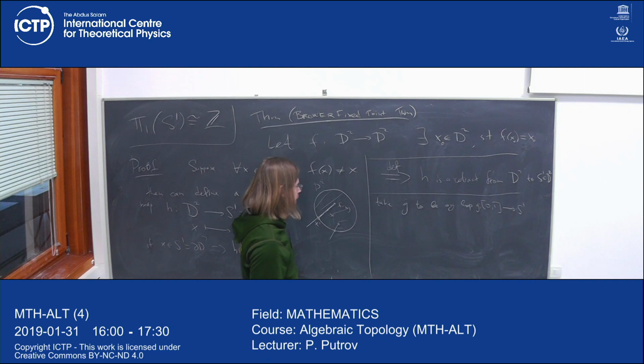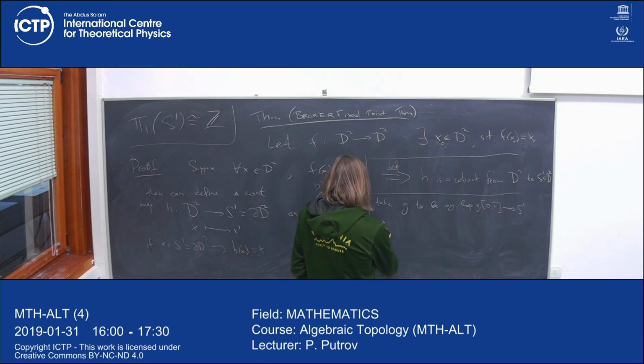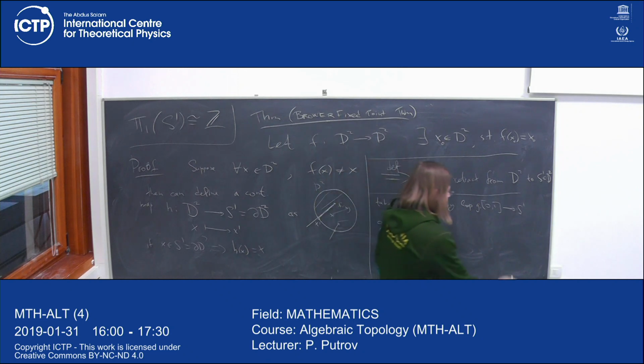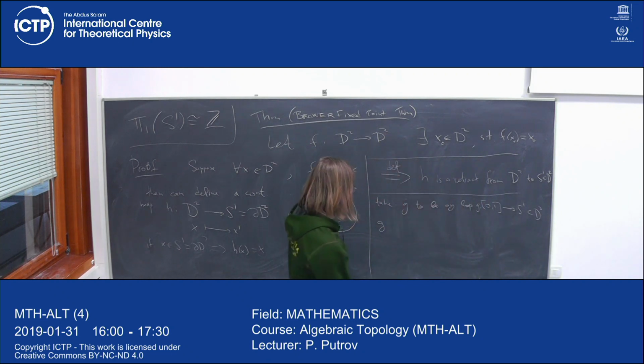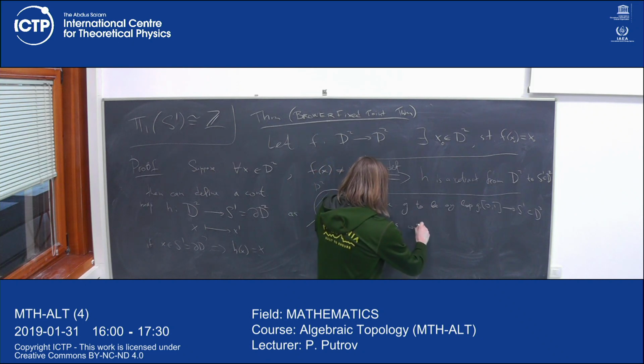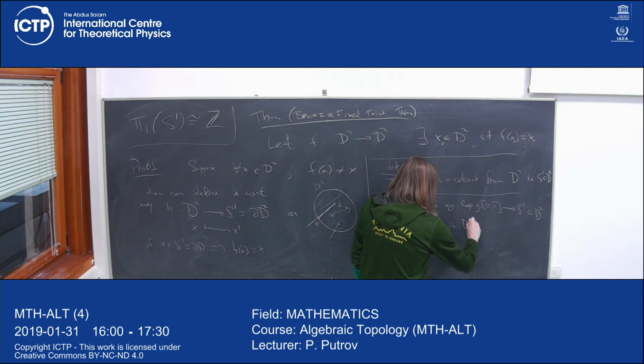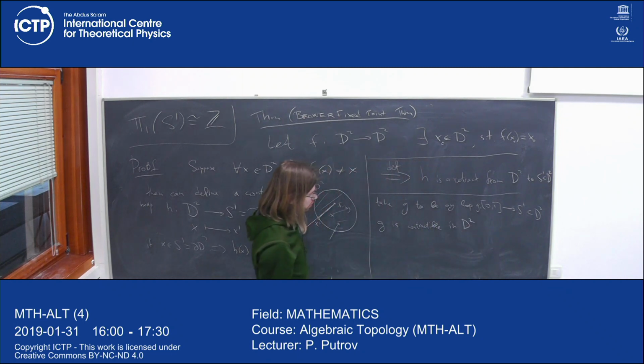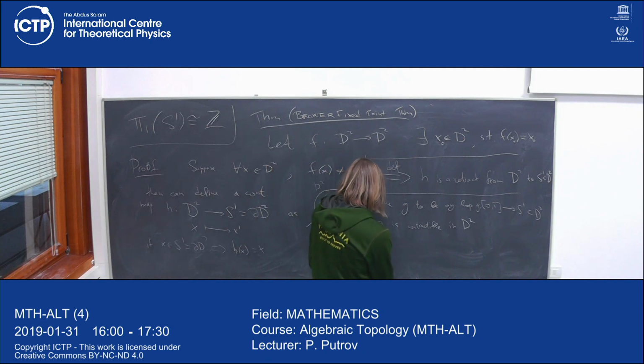This can be considered a loop in S1, but since S1 is a subspace of D2, it can also be considered as a loop in D2 itself. And it's easy to show that g is contractible in D2, which means that it's homotopic to a point, and indeed such a homotopy to a point can be explicitly constructed as follows.